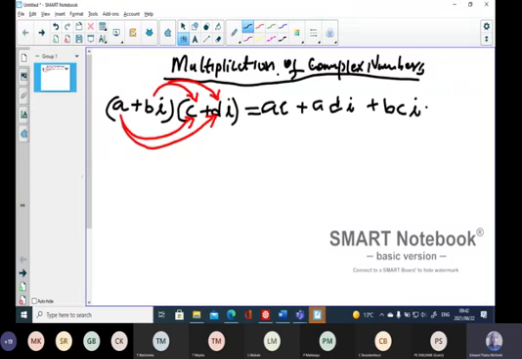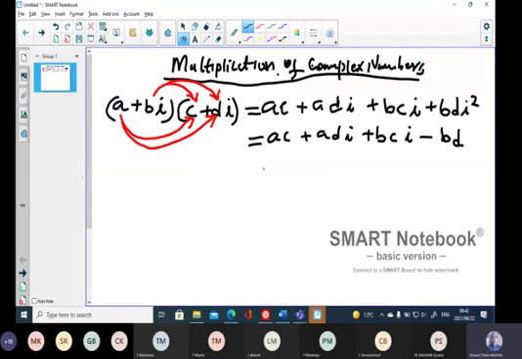Okay, which is equivalent to AC plus ADi plus BCi, and here we have minus BD. So now we group the like terms, we group the real parts together and the imaginary parts together.